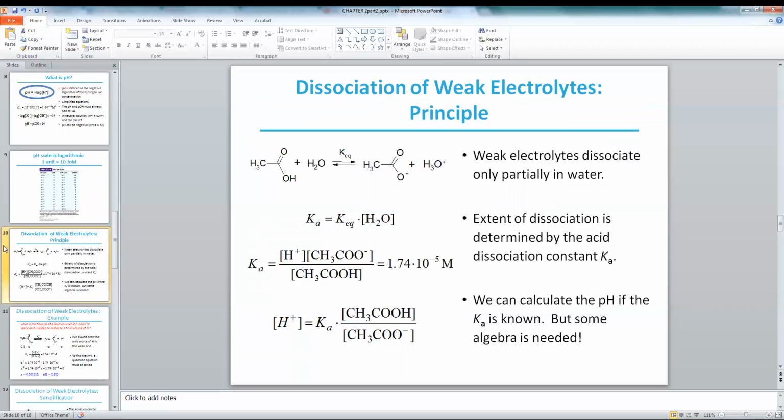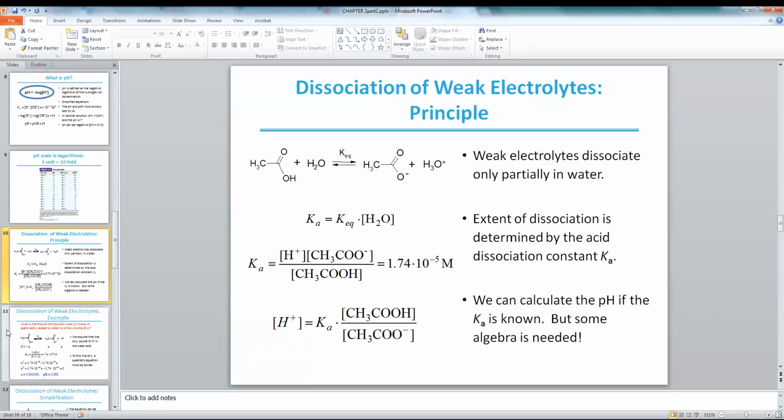So if we look at a weak acid, say for example acetic acid, what we're going to find is that the K equilibrium expression is such that there's not complete dissociation of the acetic acid. In fact, it tends to stay mostly as CH3COOH, and very little of it goes on to form H+ and CH3COO-. But we can calculate that equilibrium constant, and then we can use that equilibrium constant to be able to determine our concentration of H+.